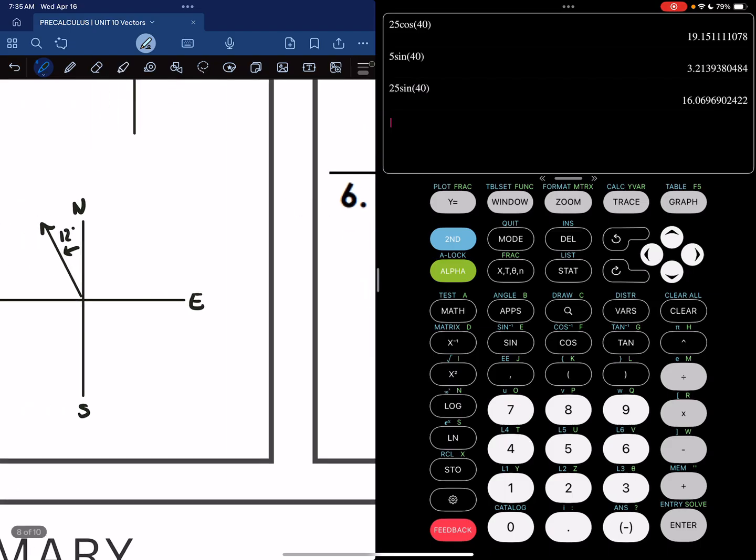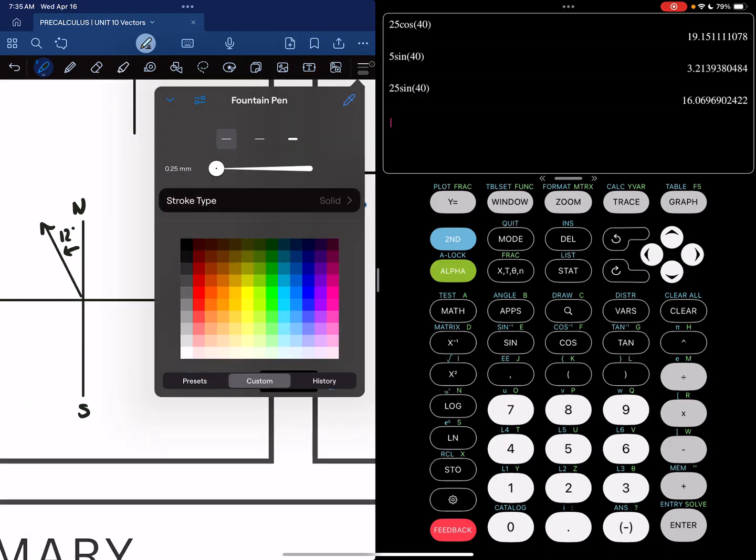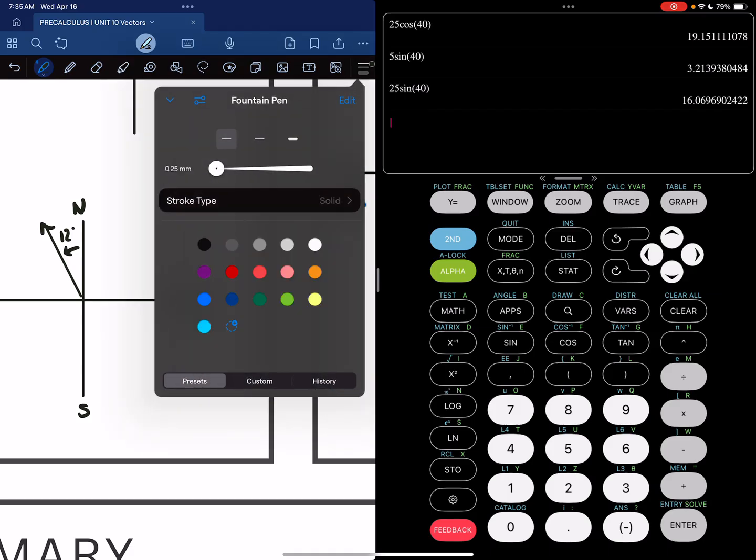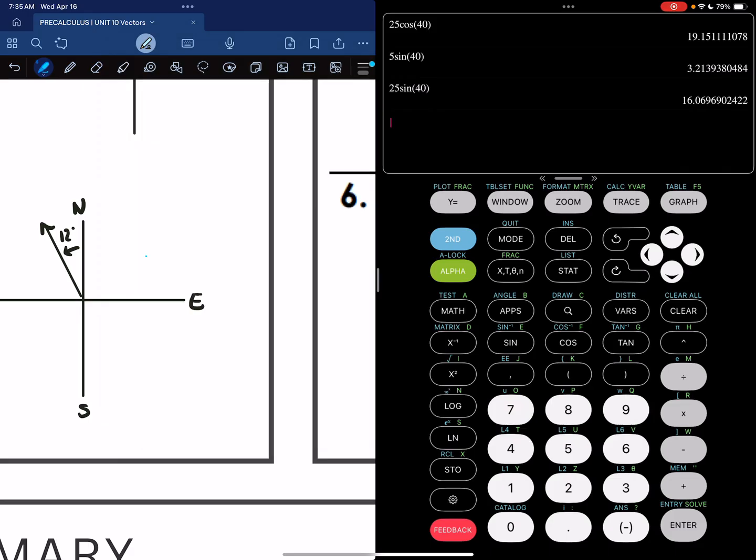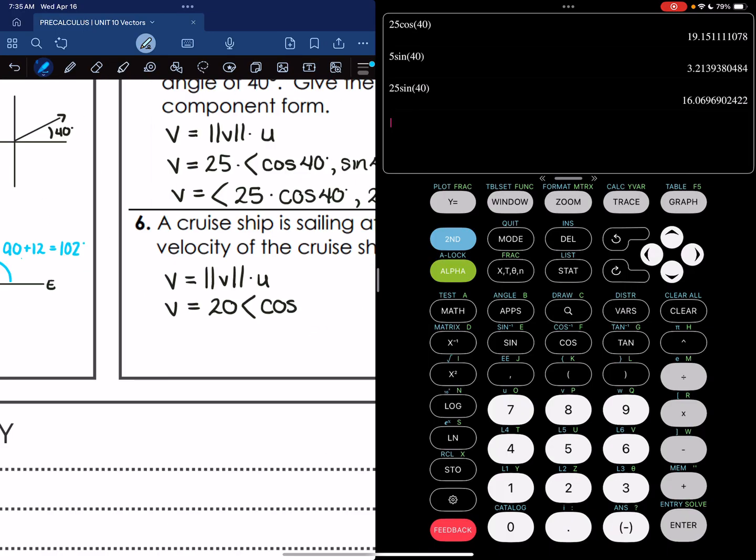We've gone 12 degrees west of north, but what we want to do is figure out just how much we've gone if we're thinking about it in standard form. So how much would that be? Well, it would be 90 plus our 12, which is 102 degrees. So that's what we're going to want to plug in here.